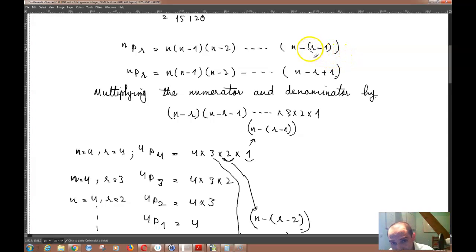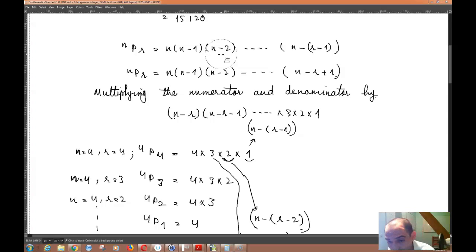Now my goal here is to rewrite this expression and express it in terms of the factorial notation.